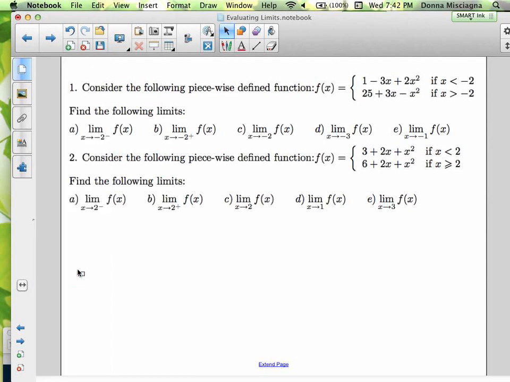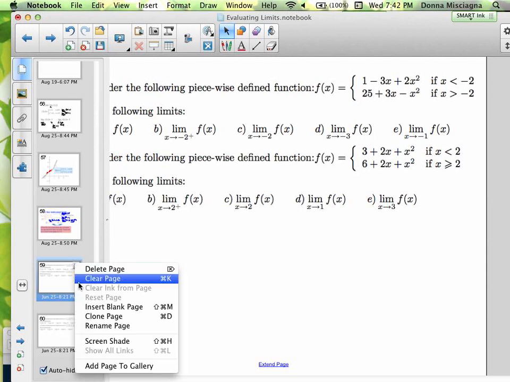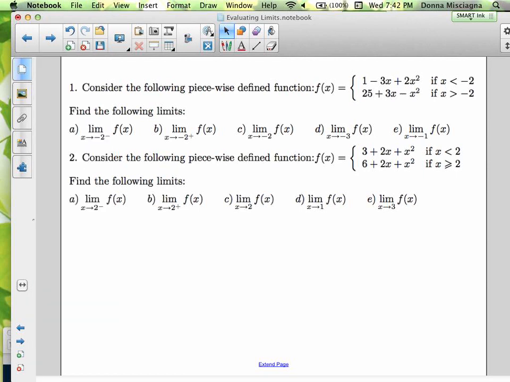I'll try one more time. It never likes to do things if I say, while I'm recording, I would like 2 of these pages. It says, nope, you can't have them. Aha! I tricked it. Yay! I think it cloned it anyway. All right, well, that's good. Now I think I got 3 of them.